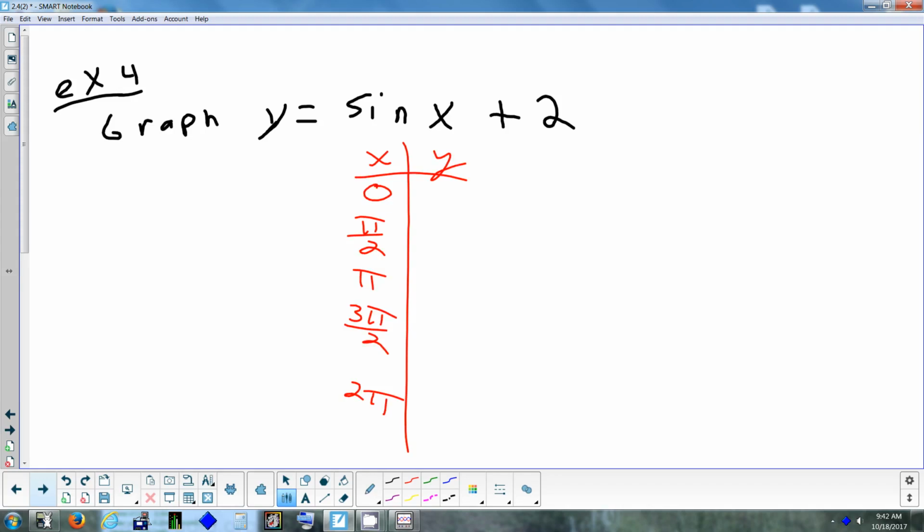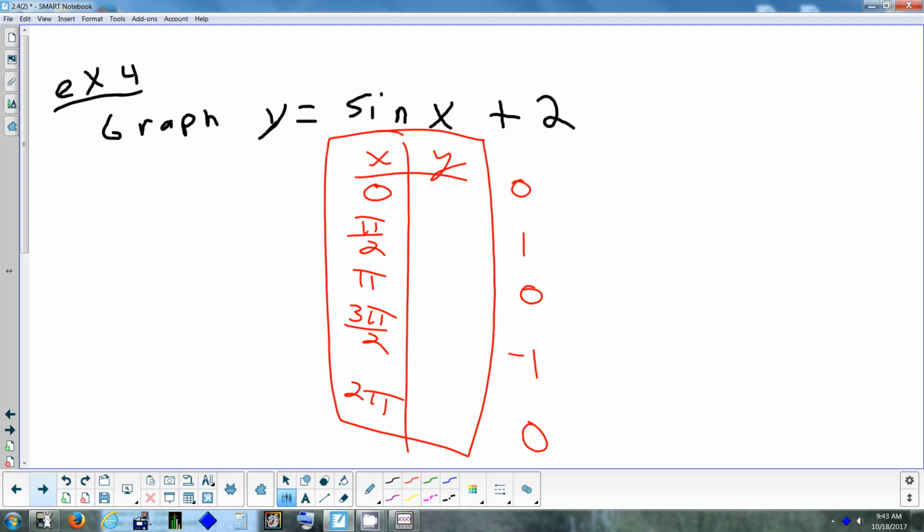Emily, can you tell me what my original y values are for sine before we do anything to them? Yeah, for sine. 0, 1, 0, negative 1, 0. Yep. So we got 0, 1, 0, negative 1, 0. How about Ryan?